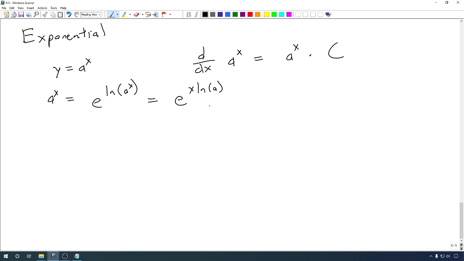This is actually a very important formula that is sometimes used to define what a to the x even means for irrational x's. So something like, what is 2 to the pi power? We talked about this before, where we had to define it in terms of a limit, of basically putting in more and more digits of pi. Well, here we can actually turn this into e to the pi times the natural logarithm of 2.